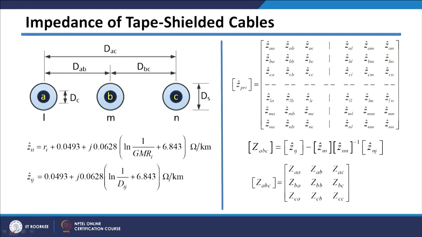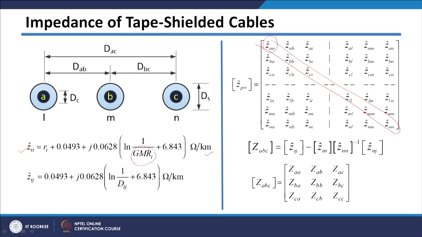As I told you, whatever Carson's equations you have derived, you can use for calculation of each entry of the primitive impedance matrix. To get the diagonal entries, we can use this equation, and in that case you need to use the GMR of the particular conductor.